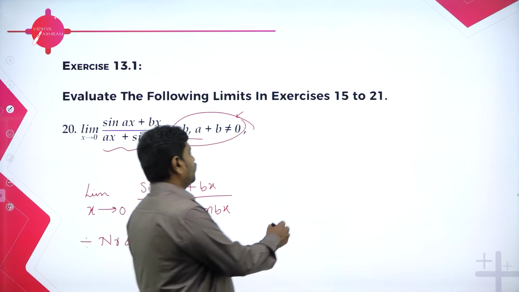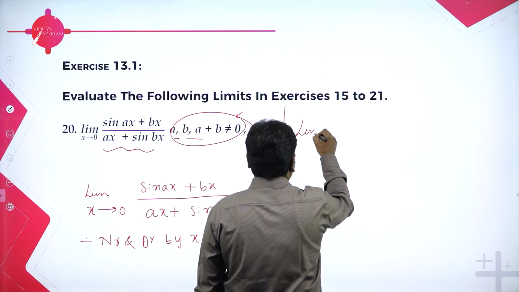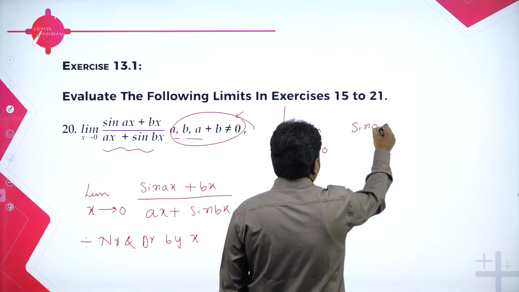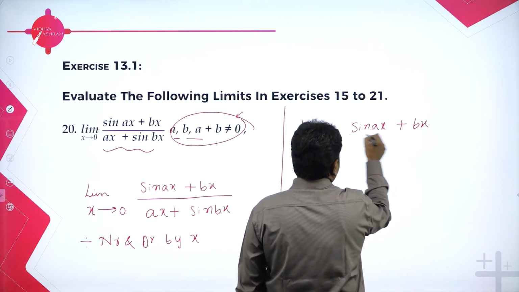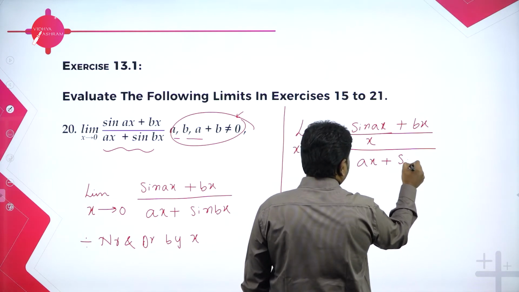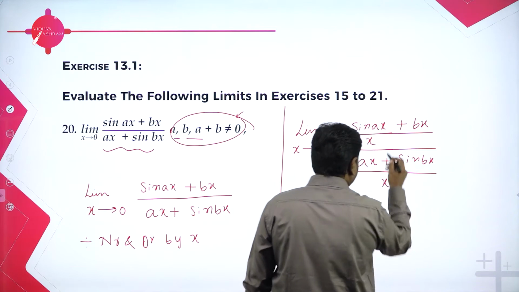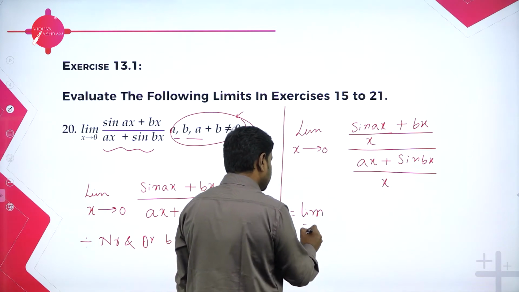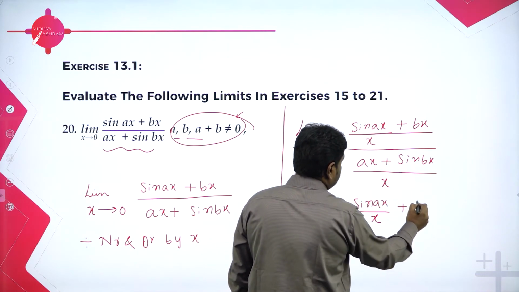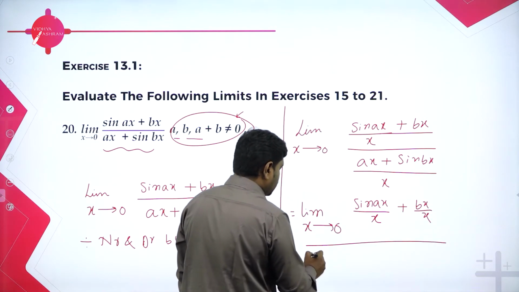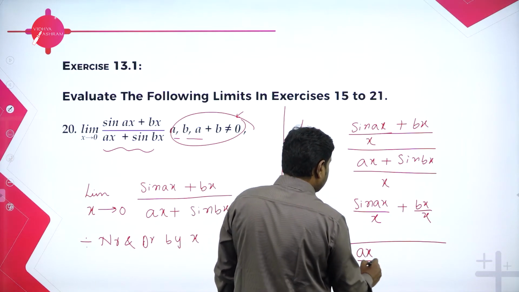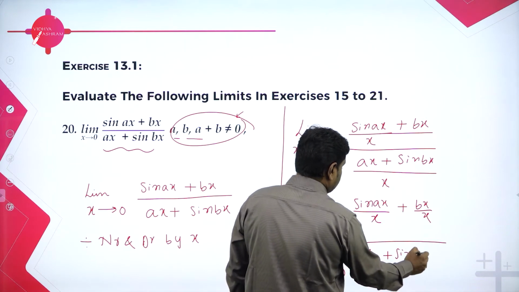So the given problem reduces to limit x tends to 0, (sin ax plus bx) by x divided by (ax plus sin bx) by x. Now split this. The numerator becomes sin ax by x plus bx by x, and similarly the denominator becomes ax by x plus sin bx by x.